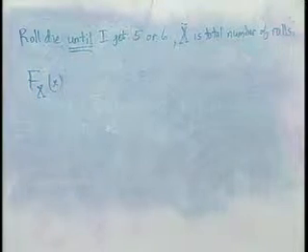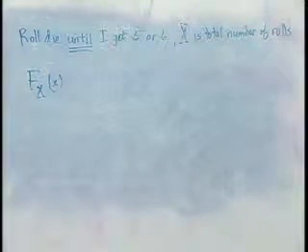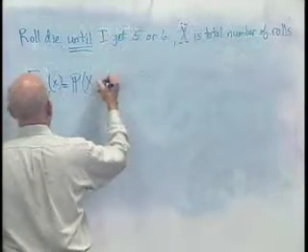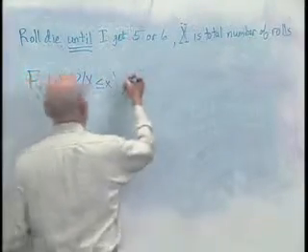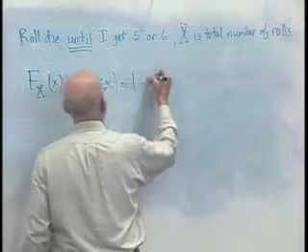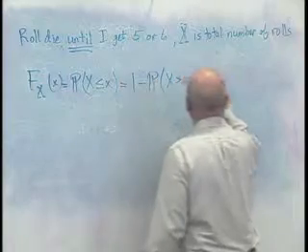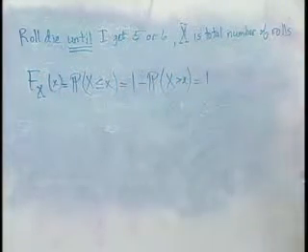The distribution for this random variable is the probability the total number of rolls is less than or equal to x. That's 1 minus the probability that the total number of rolls is greater than x. And this we can work out quite nicely.